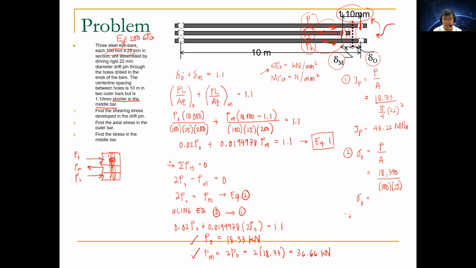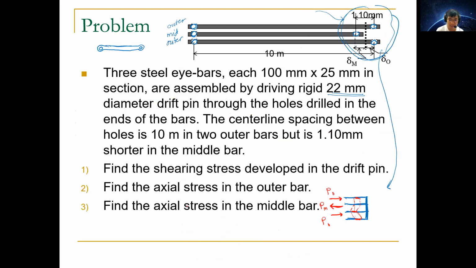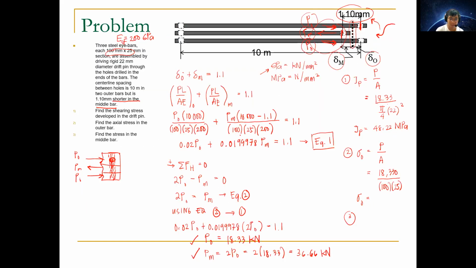So for the inner bar, or rather the mid bar, it's still the same kind of axial stress, that's number 3. So force over area, that would be 36,660 all over 100 by 25.